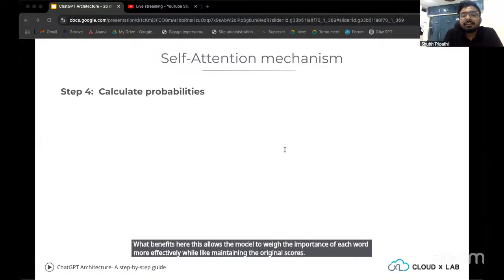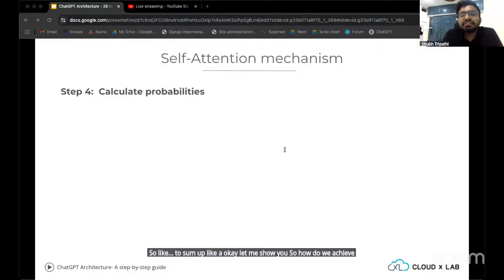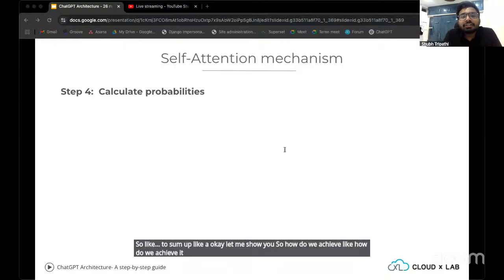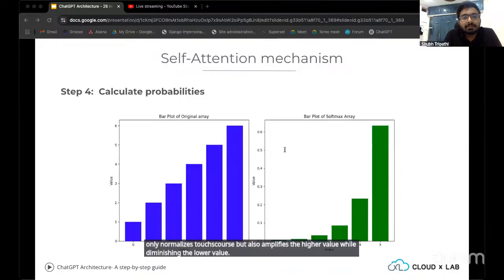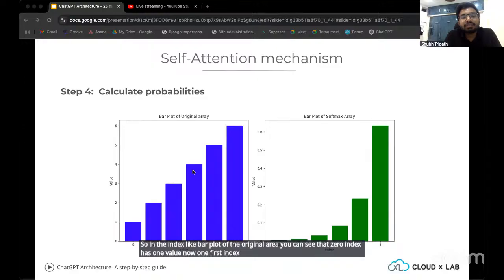To sum up, let me show you. How do we achieve it? We achieve this by using the softmax function, which not only normalizes the scores but also amplifies the higher values while diminishing the lower ones. Let's see what I'm telling. In the bar plot of the original array, you can see that the zero index has value one, the first index has value two, and so on, three, four, five, six.